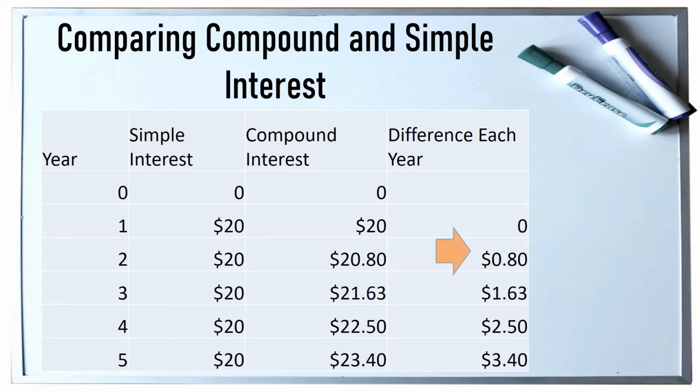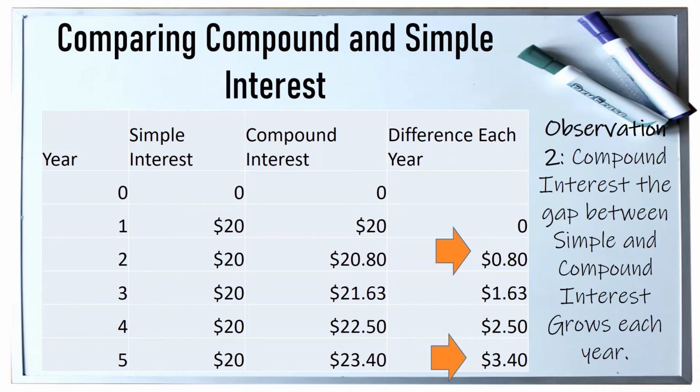But after the second year, there was 80 cents difference. In the 5th year, and to be clear, this was the difference in interest in that particular year, was $3.40. So the observation is that the gap between compound and simple interest grows each year.